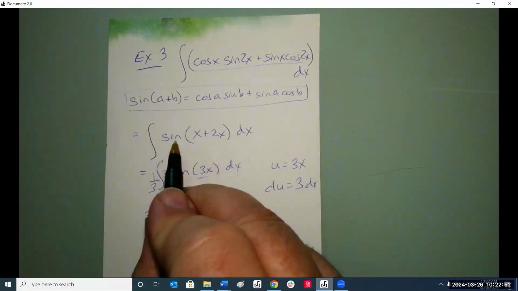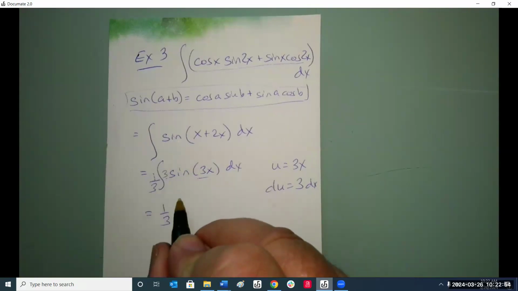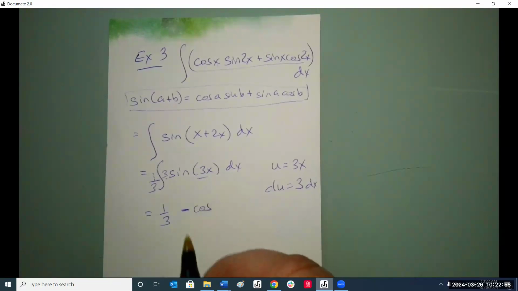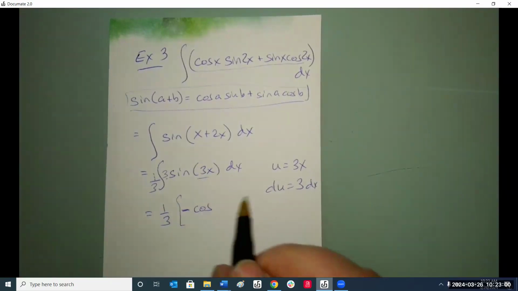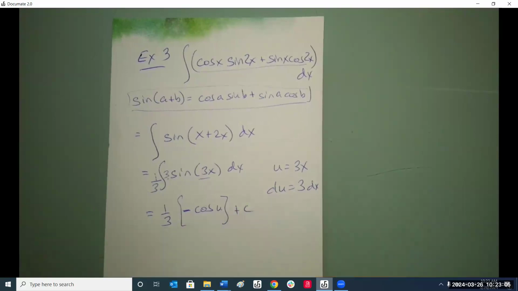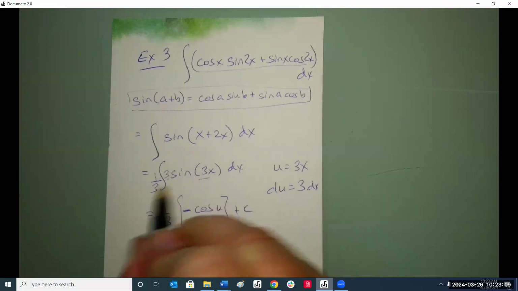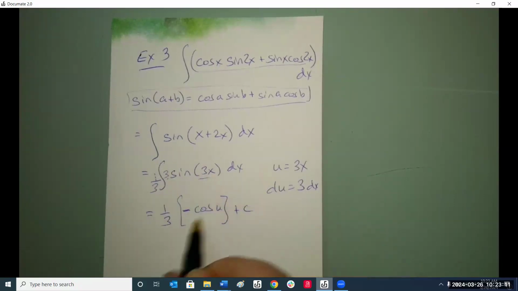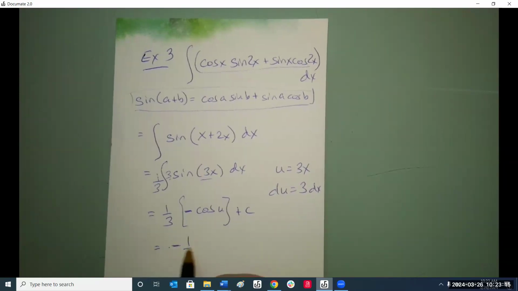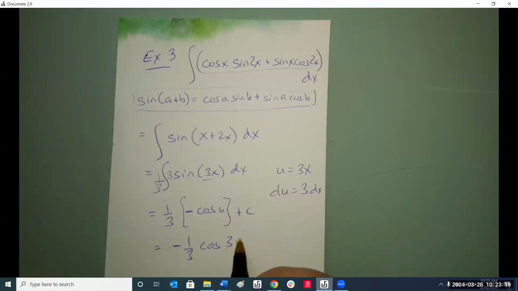Now the integral of sine is negative cosine plus c. So we're taking the integral of sine of u, which is negative cosine of u. So our answer is negative 1/3 cosine 3x plus c.